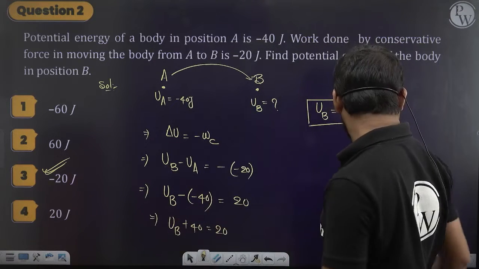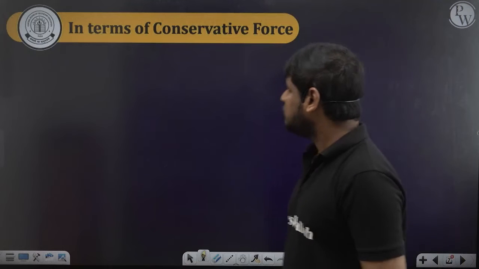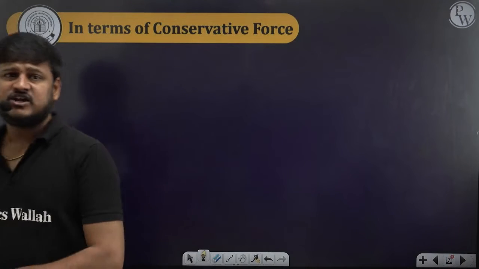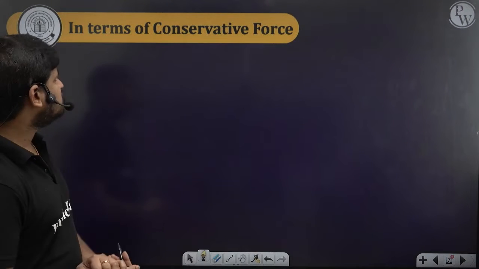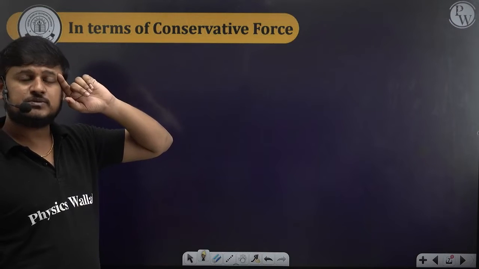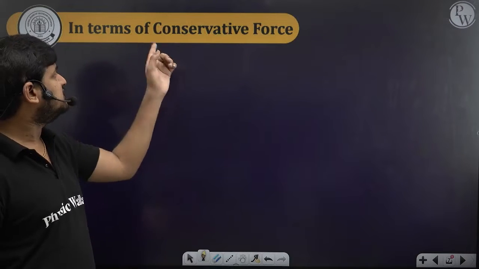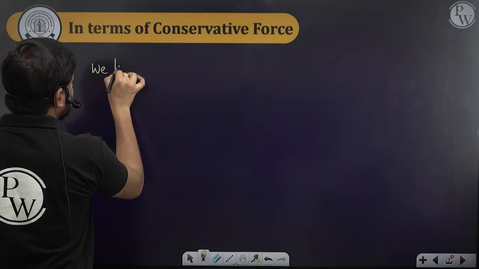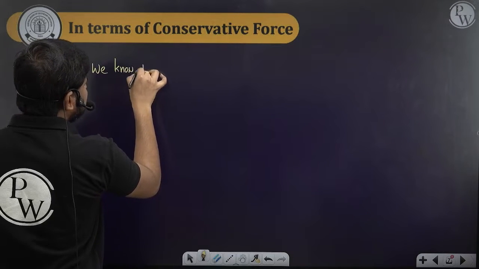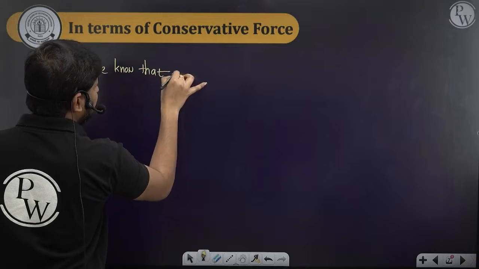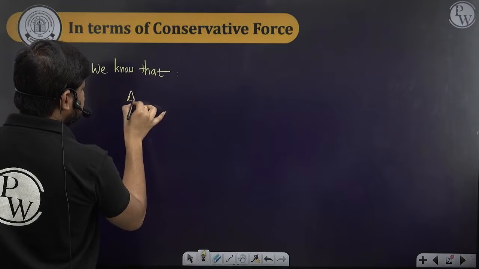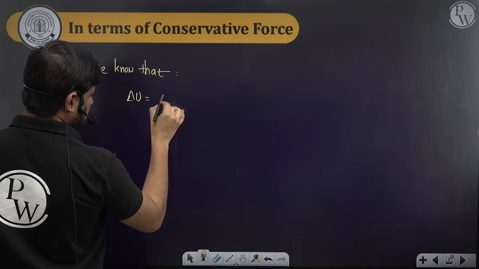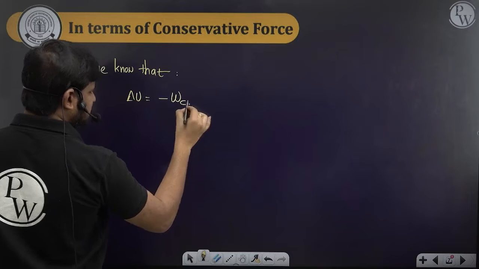Let's move further. Now we can write the work done by the conservative force, or the change in potential energy, in terms of the conservative force. Just simple steps, understand carefully here. The change in potential energy is equal to the negative of the work done by the conservative force.